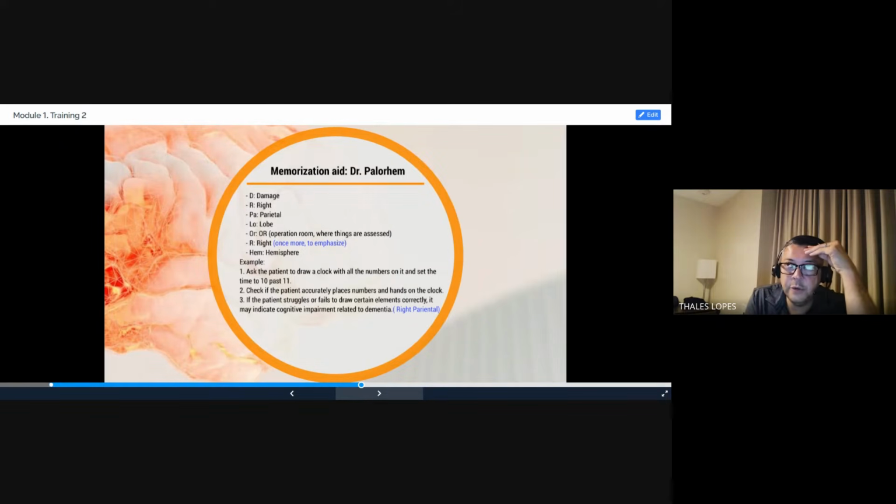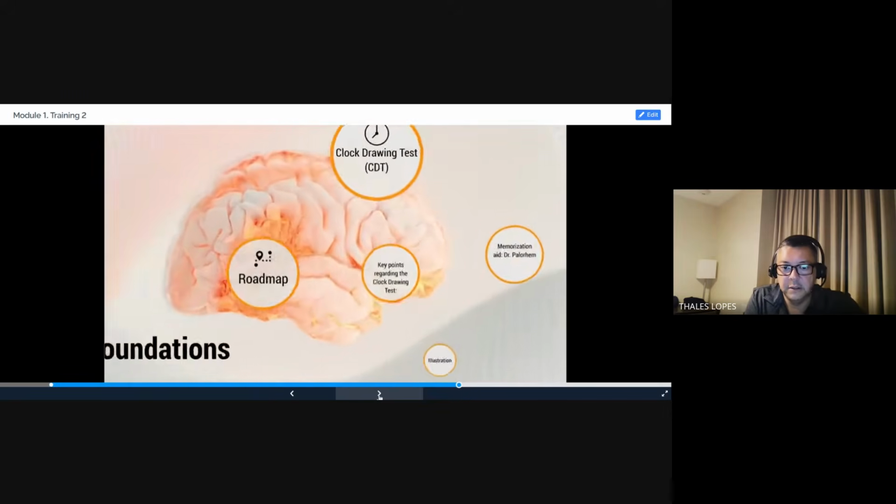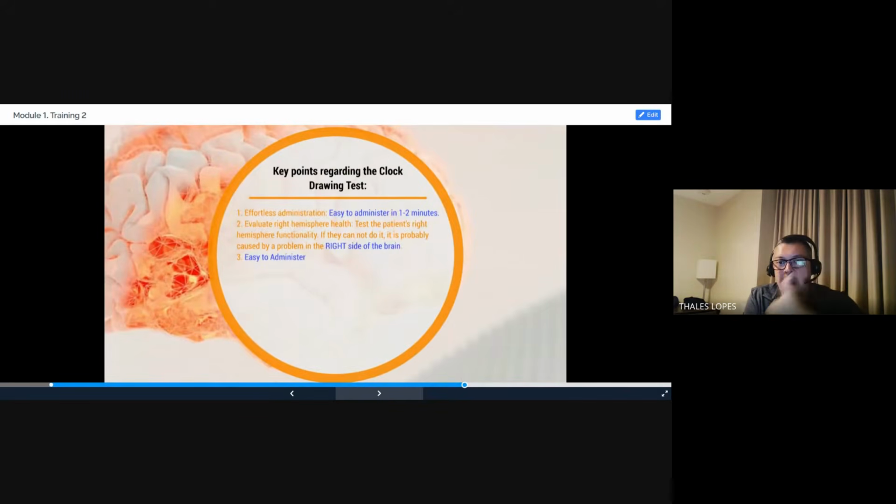So when you do the clock drawing test, if someone is not able to put the hands at 11 o'clock in the right position, that would be the right parietal, right? That would be where the damage is grossly located. Again, why do we do it?